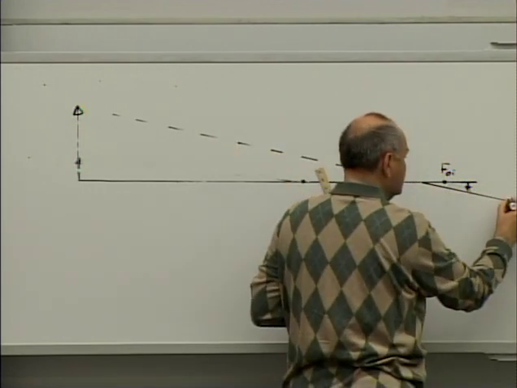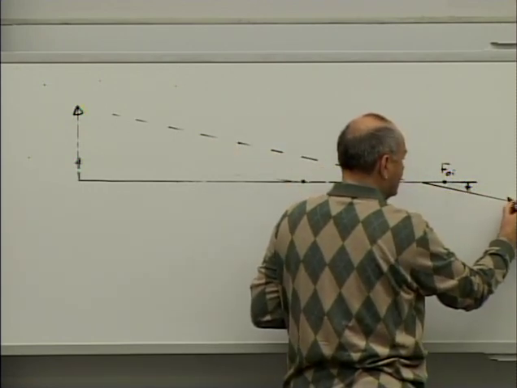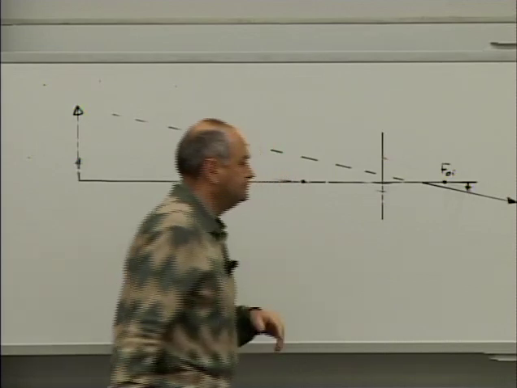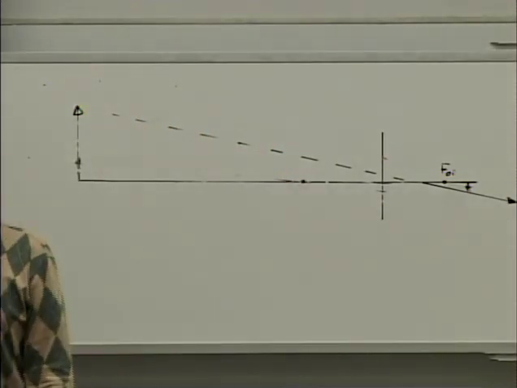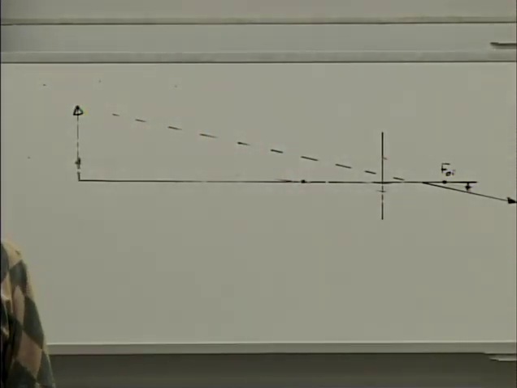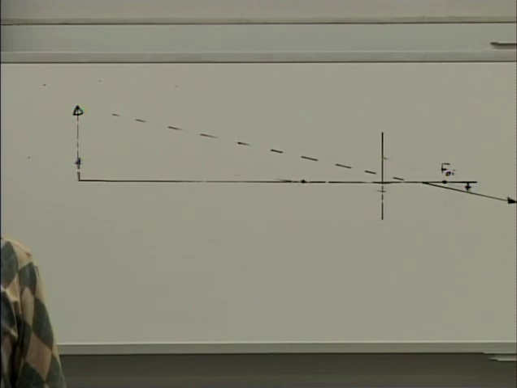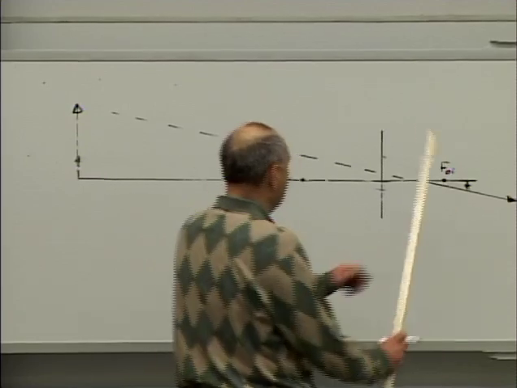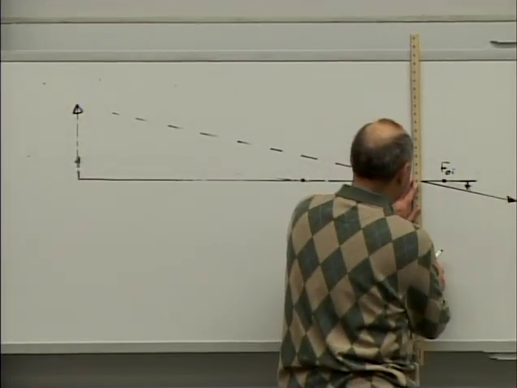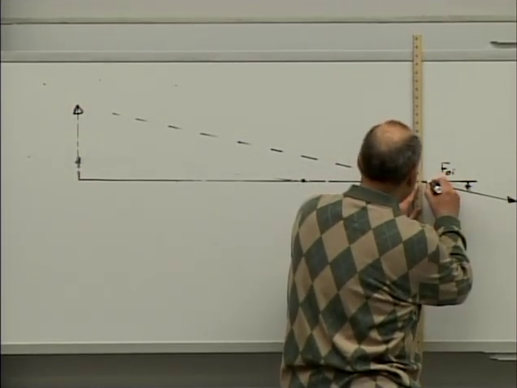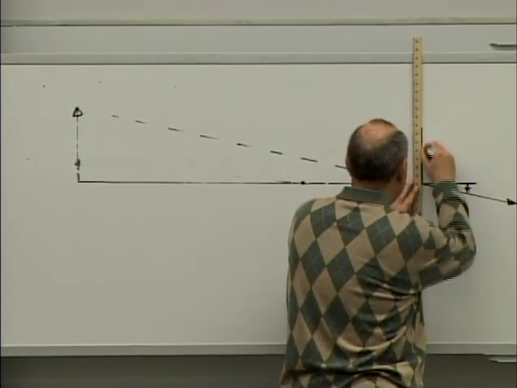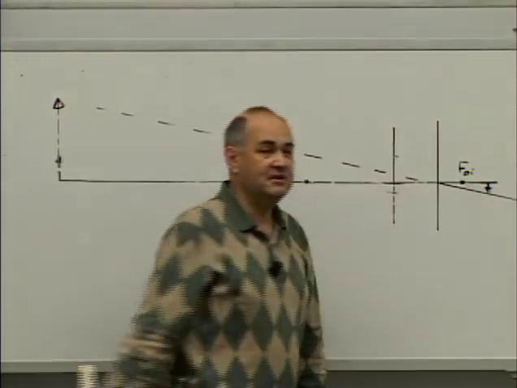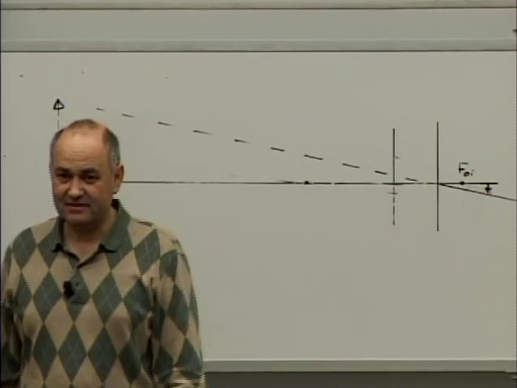And this is the image chief ray. Where should I place the lens? Where this ray crosses the principal axis, which means that we need to place it here. This is where we need to place the eyepiece.